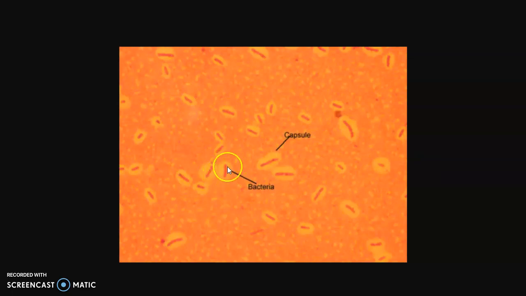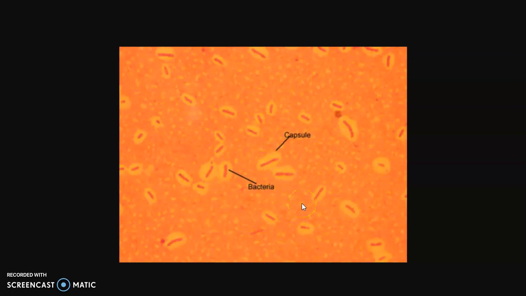And then you see this negative space around them, this space that isn't stained, and that's the capsule. So what we've done in this image is we've stained the bacteria, we've stained the background, and now you can see where the capsules are.